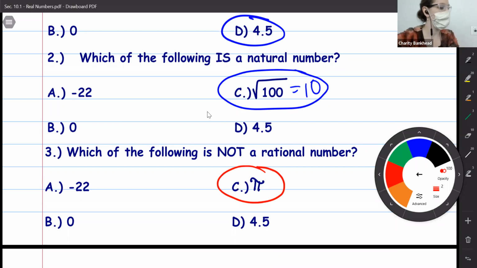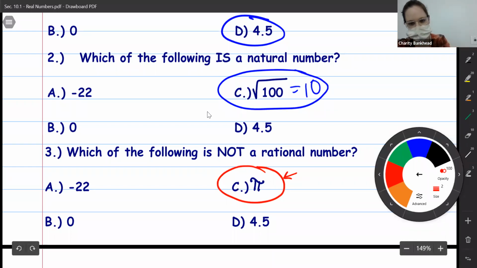If you went to a middle school math teacher's classroom, you might see a border that goes all the way around the whole classroom of the digits of pi, right? 3.1415, and so on. It goes on forever. So that is an example of an irrational number. Since it's not rational, that could also be described as irrational.